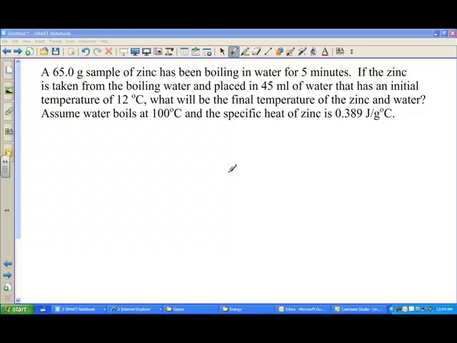Okay, this is an example of a heat loss, heat gain problem where what we are trying to do is find the final temperature of the mixture. Okay, so I'm going to give you a chance to read the problem.